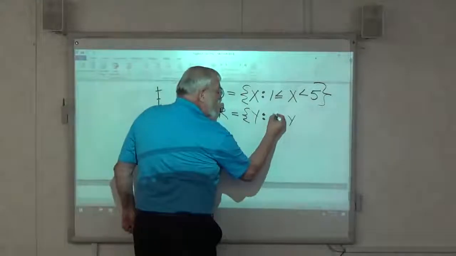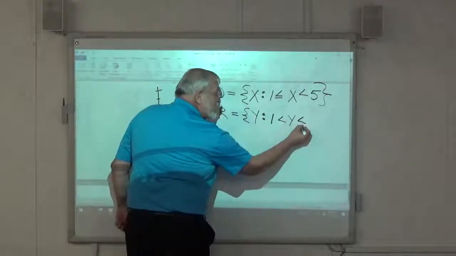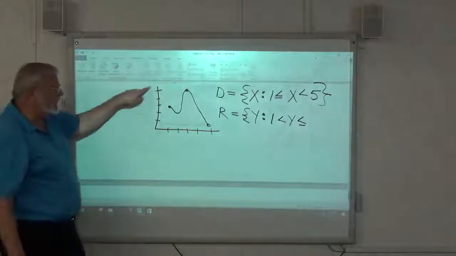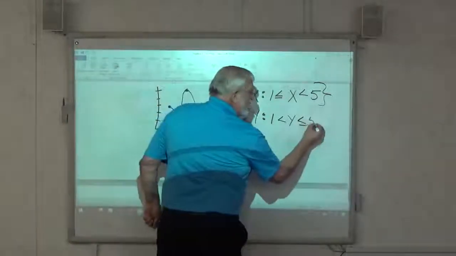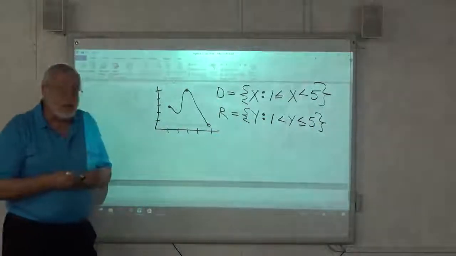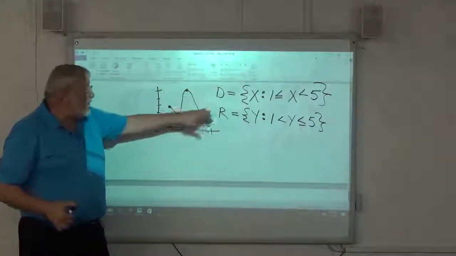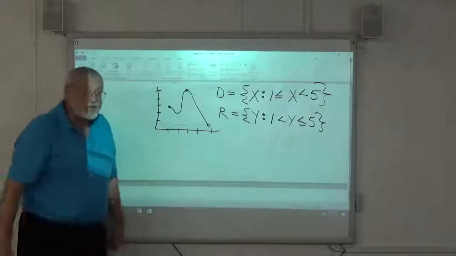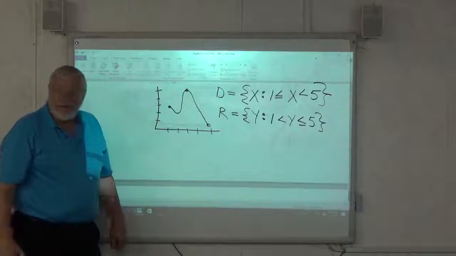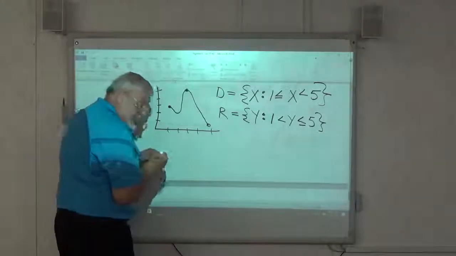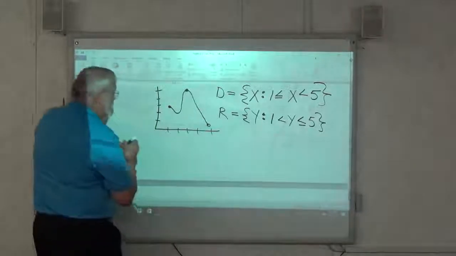And y has to be less than or equal to 5. And we have just determined the domain and the range of that graph. That's that section.